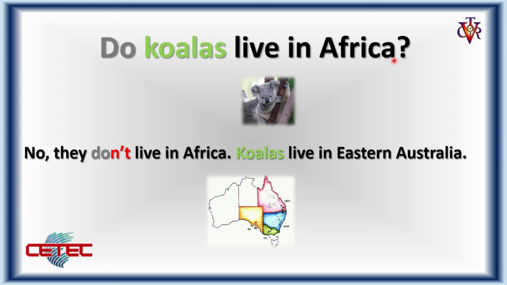Complement, in Africa. It's a negative answer. No, they don't, because they don't live in Africa. Koalas live in Eastern Australia. Here, the verb is in a simple form. Why? Because if you remember, plural, they don't switch the verb. That's the reason.